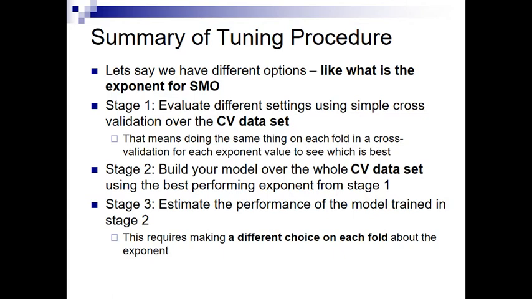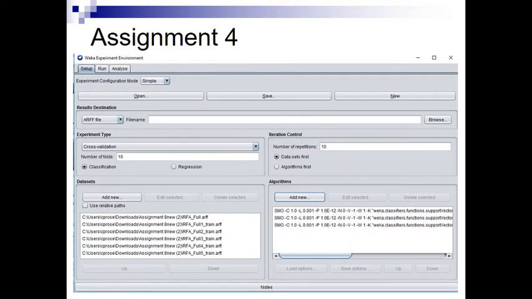Then we're going to do stage 3, and you'll see that you load different files for stage 3 in the experimenter and run a very similar experiment. But then you have to do the final part of stage 3 in the Explorer, and I'll step you through that.